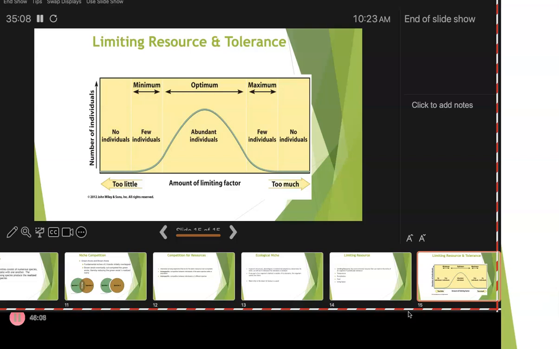And again, we could be talking about a population, or we could be talking about a community here. 99.9% of the time, you're talking about a community, right? You're talking about multiple populations looking at a single resource.